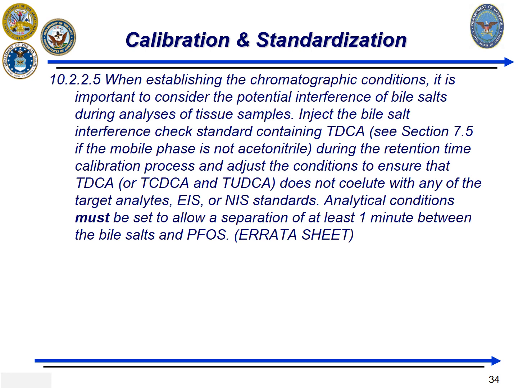The analysis of this standard must show that these compounds do not coelute with any of the target analytes, EIS, or NIS compounds. Separation must be demonstrated that shows at least a 1 minute separation between these bile salts and the retention time window of PFAS.